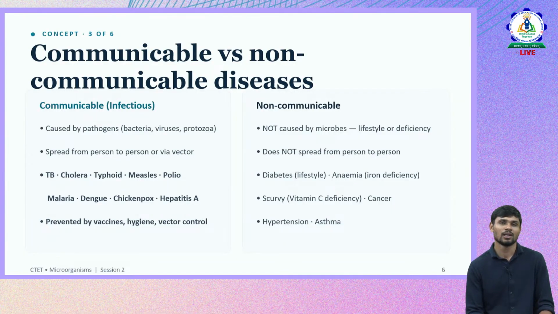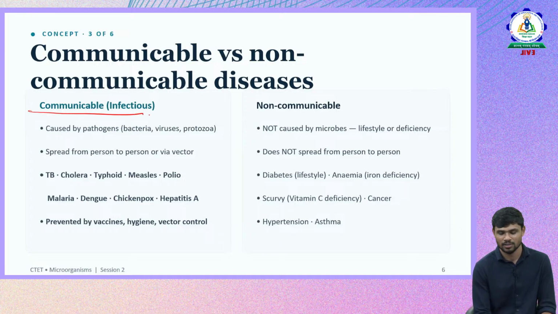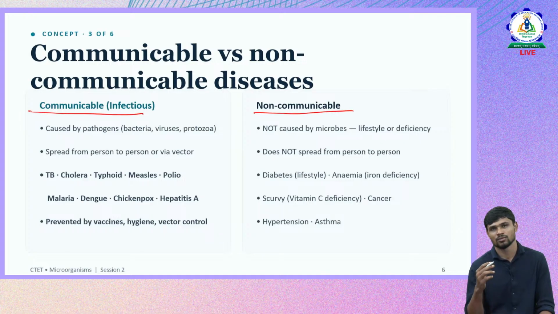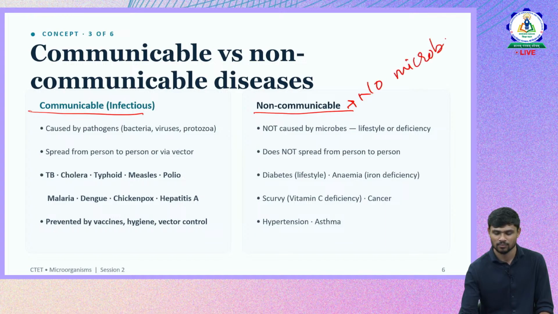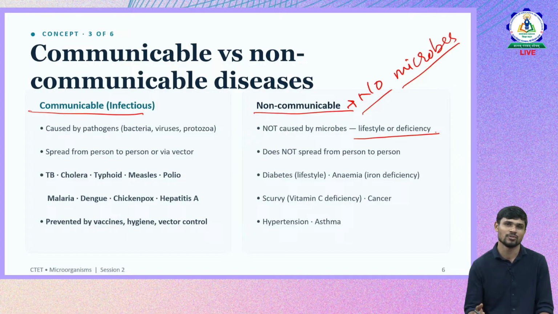Communicable and non-communicable diseases, the references we just discussed. Communicable diseases are infectious diseases caused by microorganisms, whereas here there are no microorganisms. These are caused by lifestyle or deficiency of hormones. In previous sessions we discussed the endocrine system and the various hormones produced by glands.